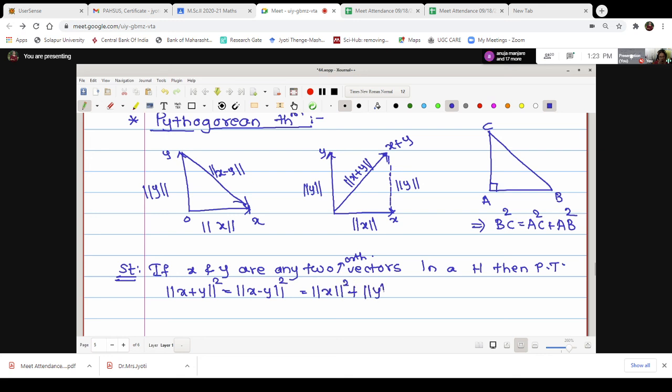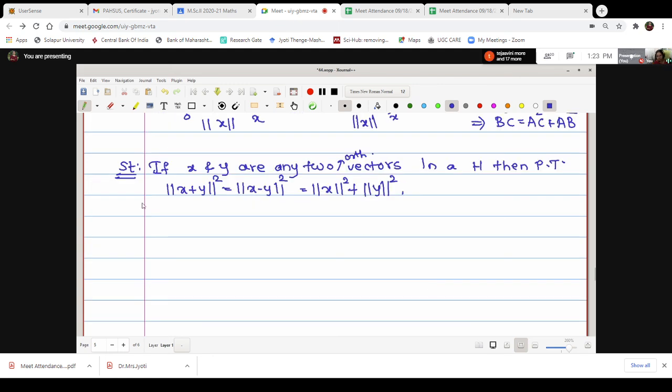Therefore norm square of x plus norm square of y. Okay, let us prove this.